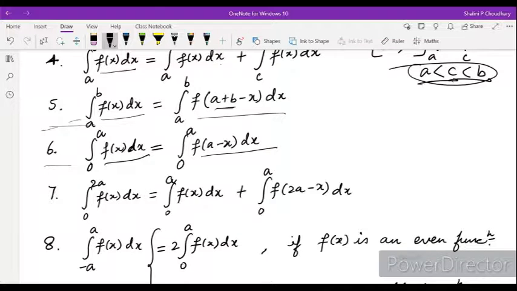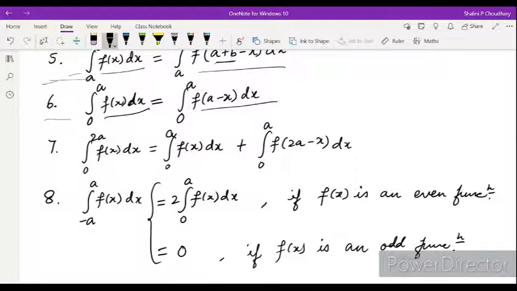Okay. Now 0 to 2a, what is the value of 2a? 2a we can write as a plus a. So 0 to 2a can be written as 0 to a plus a to 2a. Okay, this way we can write. And one more thing is important in this case.